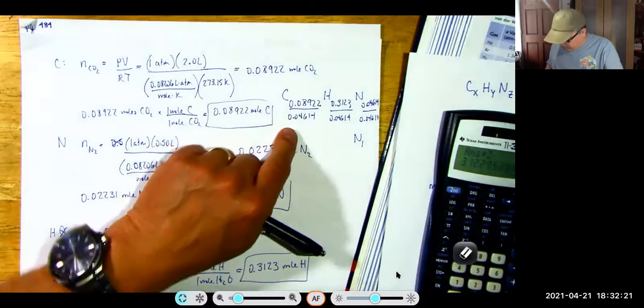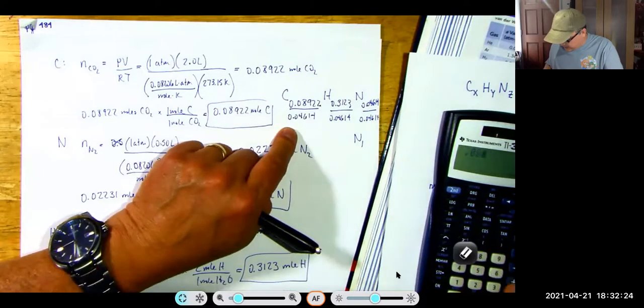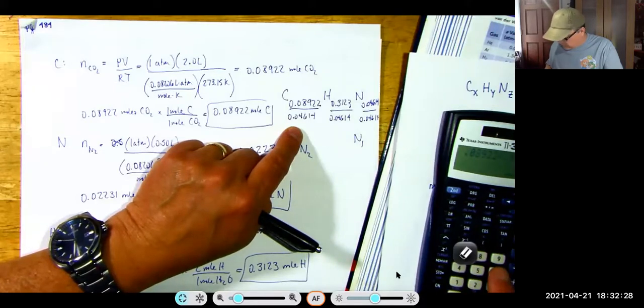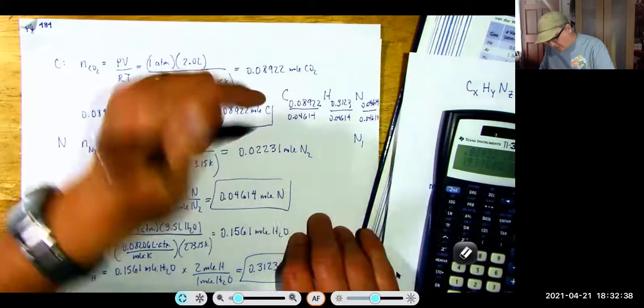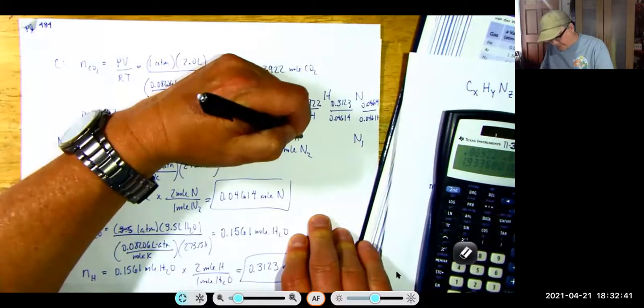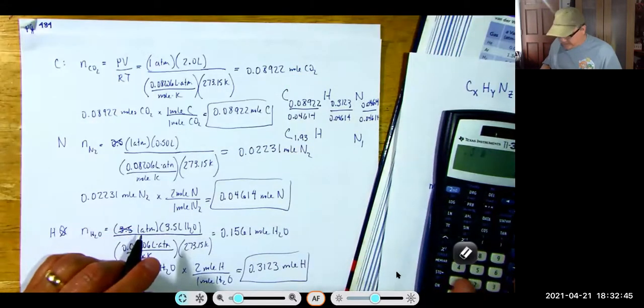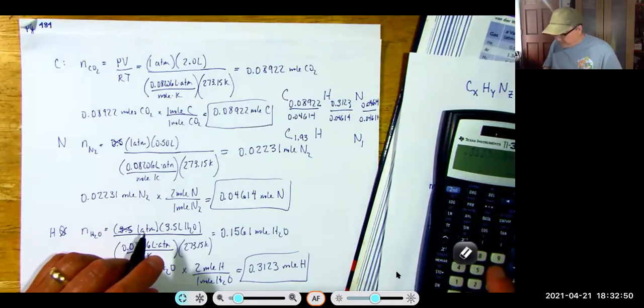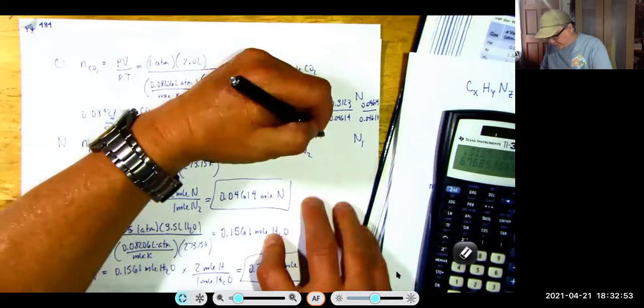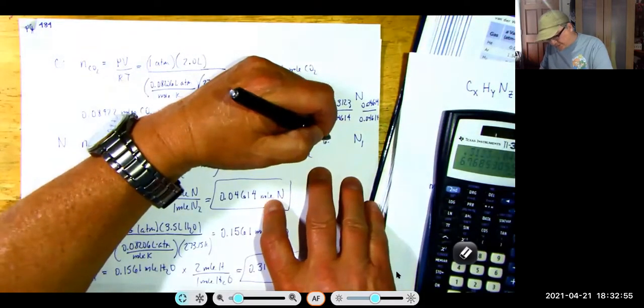Let's see what happens when we divide 0.08922 by 0.04614. And I get carbon 1.93. In hydrogen, we get 0.3123 divided by 0.04614, and I get 6.76.